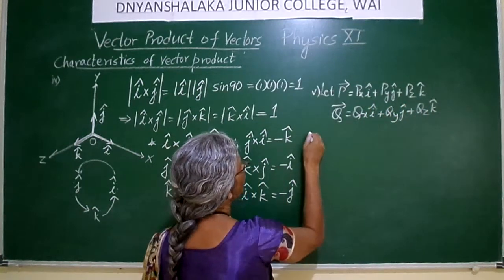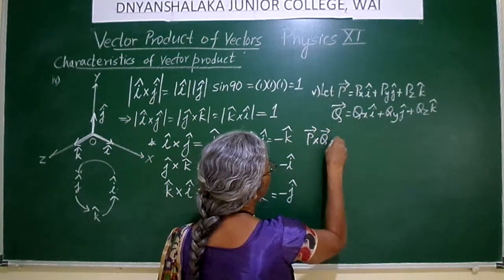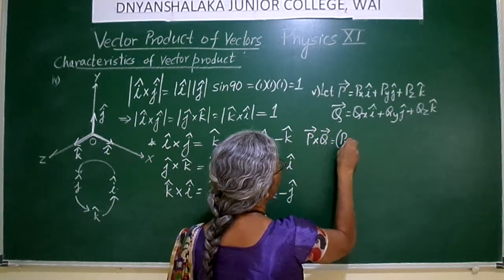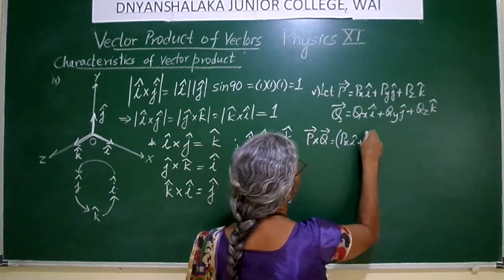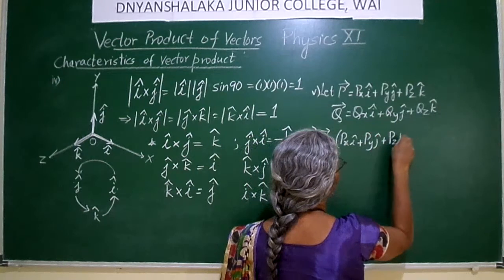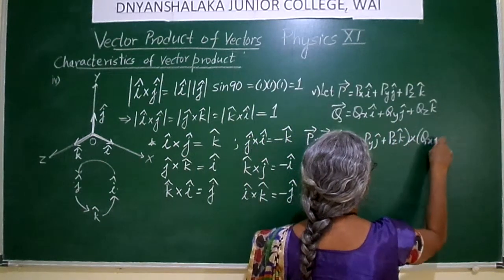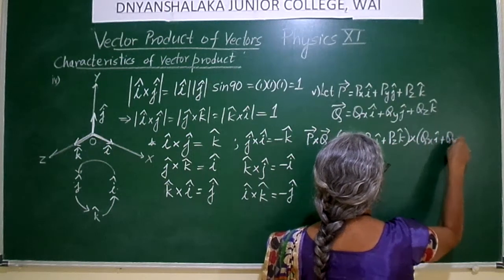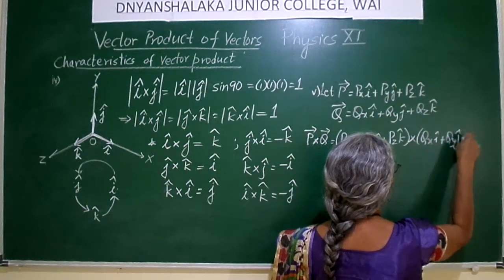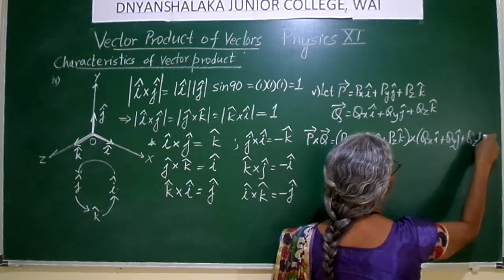Now I am finding vector p cross vector q, which will be equal to pxi plus pyj plus pzk cross qxi plus qyj plus qzk.